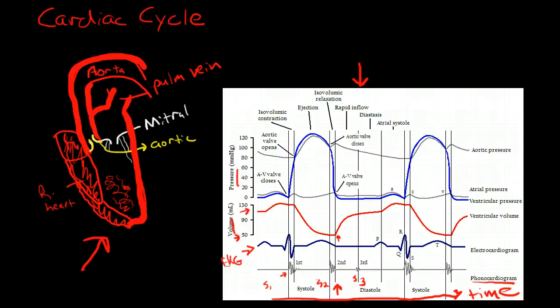Now, how's it filling? It's just filling passively, because blood is flowing through the atria that are relaxed, and into the ventricles based on the pressure from the pulmonary vein. The pressure from the pulmonary vein is pretty minimal. It's going to be about 2 centimeters of water or less. It's going to be very low.